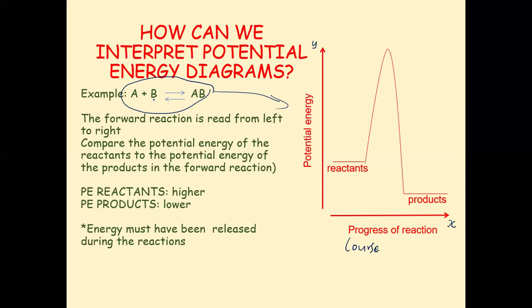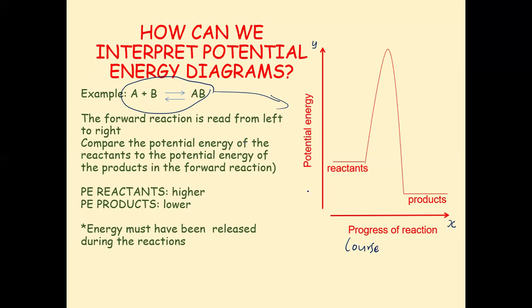Now, this is what I want you to understand. We say the forward reaction is read from left to right. That's the forward reaction because we have the double arrow over there. Compare the potential energy of the reactants to the potential energy of the products in the forward reaction. That's what you're going to do.